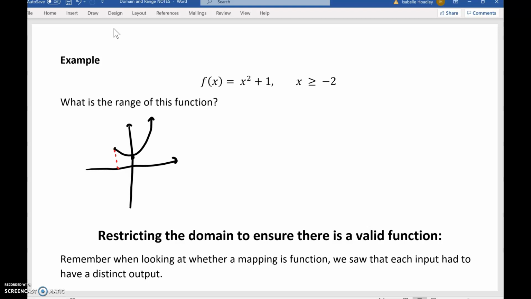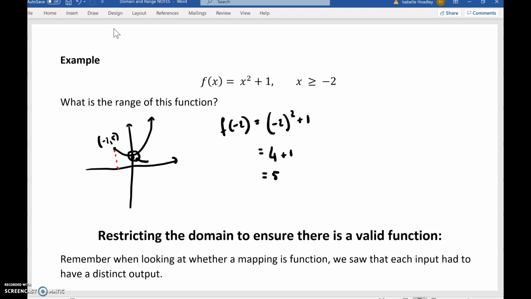So at that point negative 2, f of negative 2 is equal to negative 2 all squared plus 1. So that's equal to 4 plus 1, which equals 5. Now you should see here that that's not the lowest point on the graph. So that's your point negative 2, 5. The lowest point you get to is actually that point there.